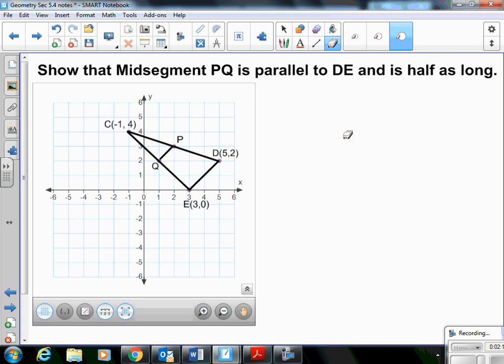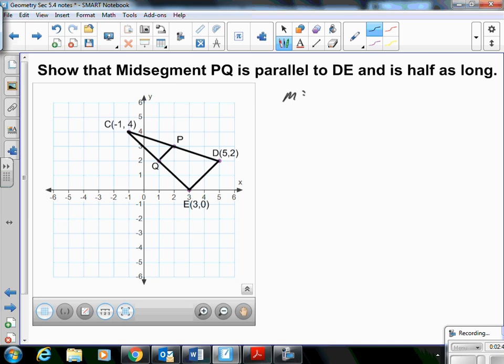If two lines are parallel, what's got to be true about those two lines? They have to have the same slope. So what we'll want to do is figure out the slope of PQ and the slope of DE. And if indeed PQ is the mid-segment, then those two should have the same slope to be parallel.